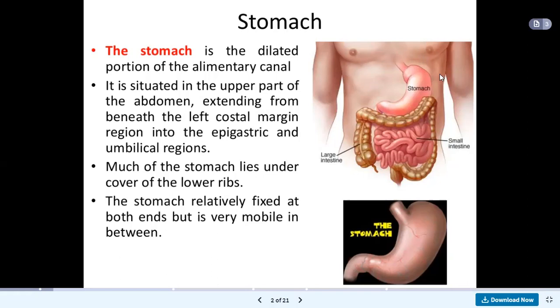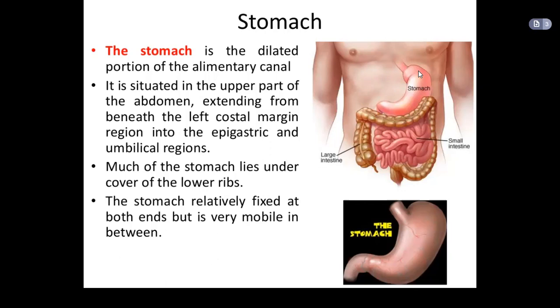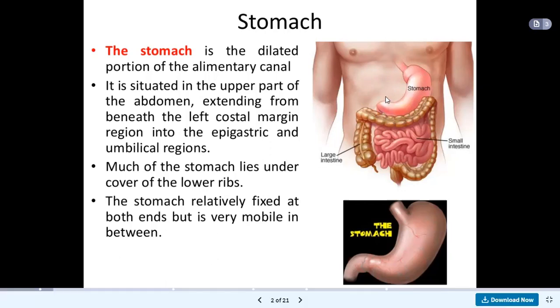On the left side, below the diaphragm, in the upper part of the abdominal cavity, you have the stomach. On the right side, you have the liver, but it's not shown in this diagram. So the liver is on the right, while the stomach is on the left.